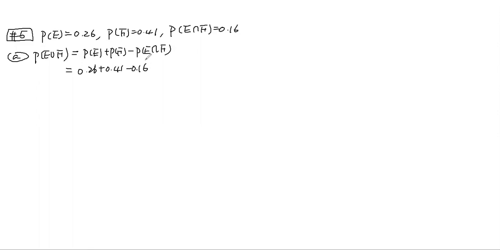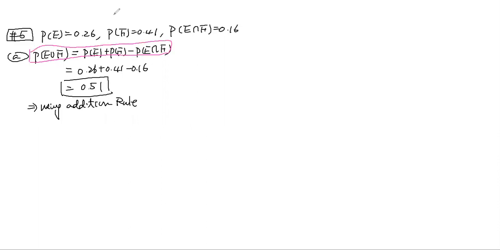So this will just be 0.51. This one is pretty straightforward. You just use the addition rule, and this is the formula, right? The union is equal to this, so you can just directly plug it into the formula.